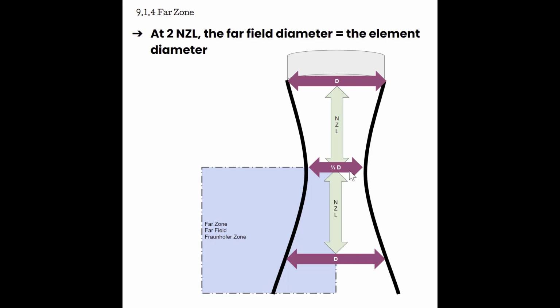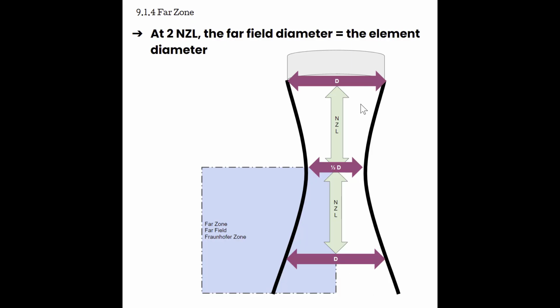When we get to the focus, that's our near zone length. So transducer face to where it's half of the size of the diameter, that's our near zone length. Once we go through another near zone length, the beam will have diverged back to the same size as when it left the transducer. After this point, it's just going to keep getting bigger and bigger.